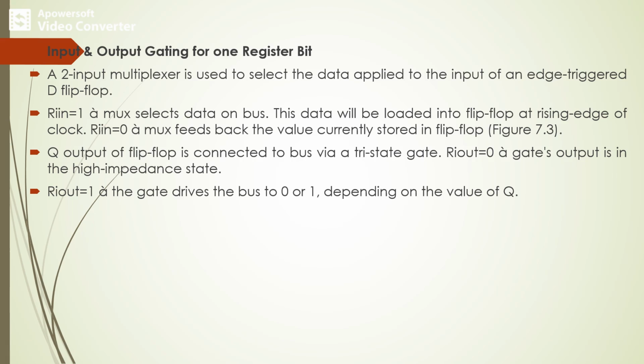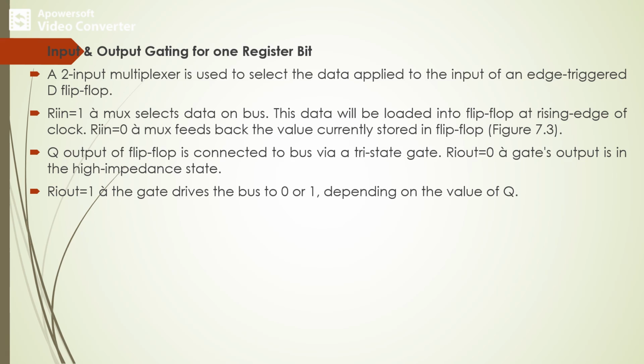Input and output gating for one register bit. A 2-input multiplexer is used to select the data applied to the input of an edge-triggered flip-flop. Whenever Rin is equal to 1, the mux selects the data on the bus. This data will be loaded into the flip-flop at the rising edge of the clock. When Rin is equal to 0, the mux feeds back the value currently stored in the flip-flop.